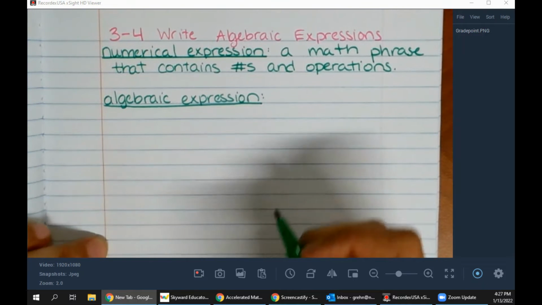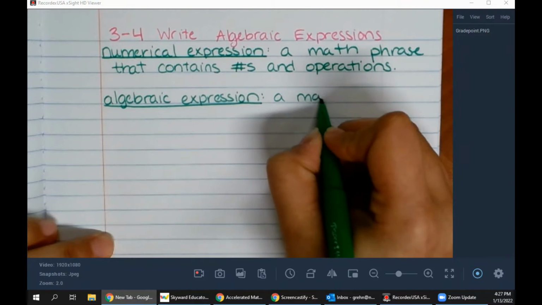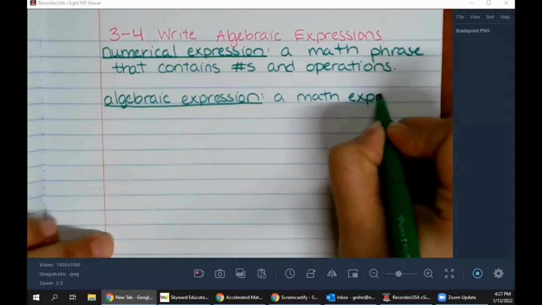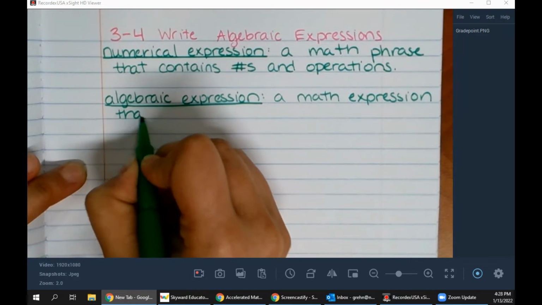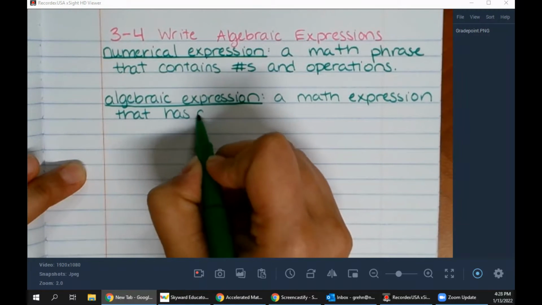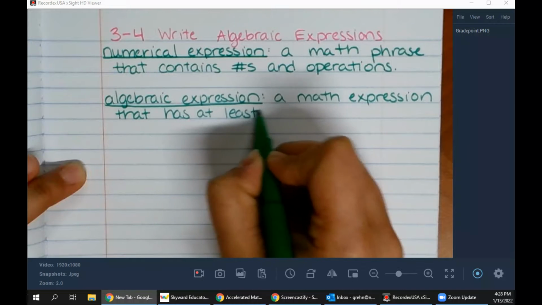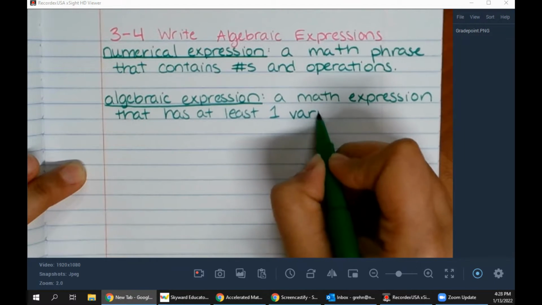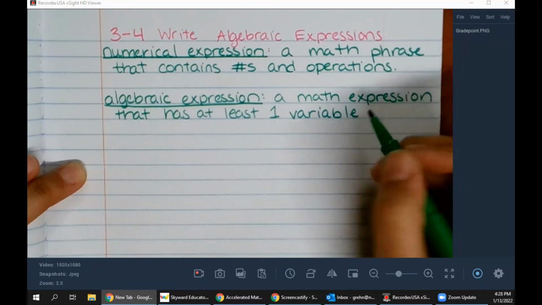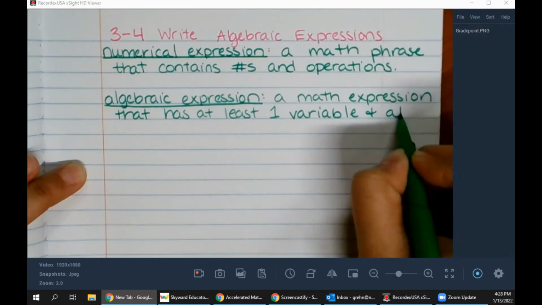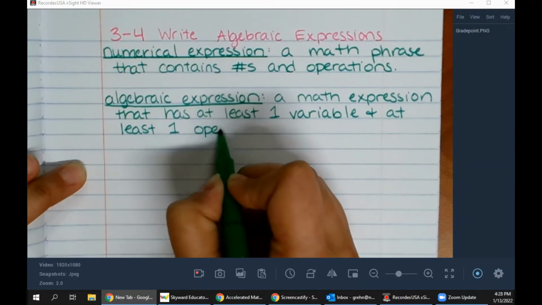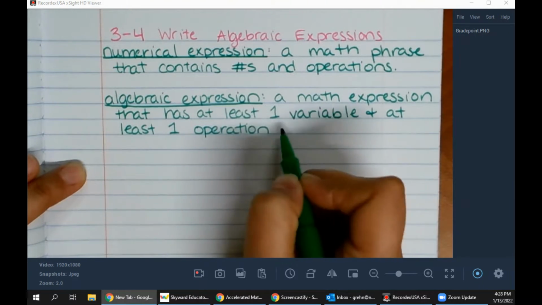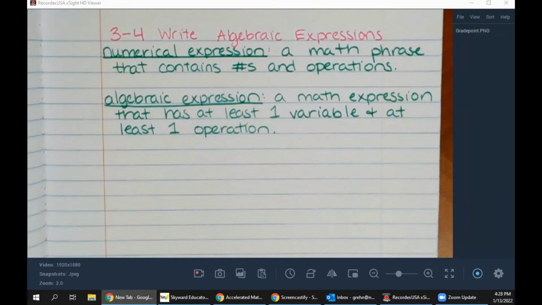But it's basically a math expression that has at least one variable and at least one operation. So it's really the same idea as a numerical expression. The difference is you can have variables.